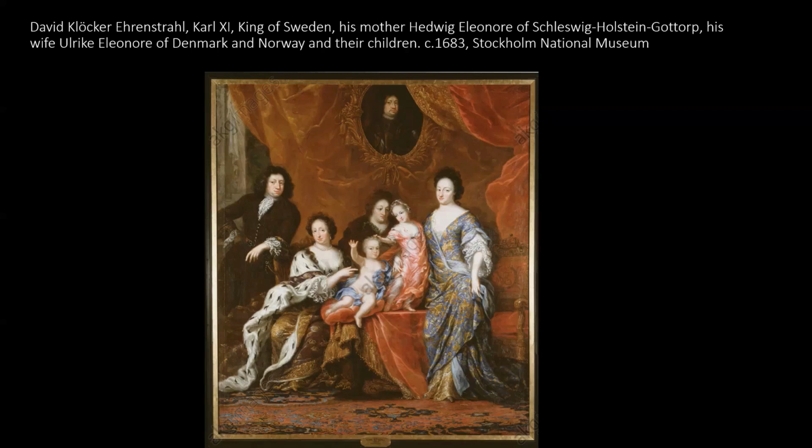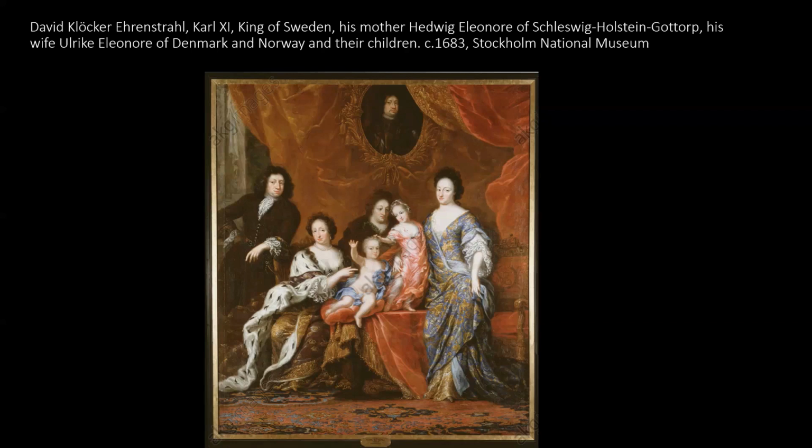Now, you might think that when her son married, she, as the Queen Dowager, would take a back seat and let his wife come to the fore. Not a bit of it. Hedwig Eleonore remained dominant for the next decades. You see her seated wearing ermine, the sign of royalty, next to her son.